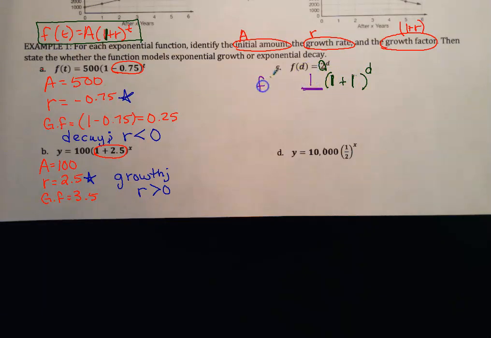So now we're looking at the function d equals 1 times the quantity 1 plus 1 to the power of d. All right, now that we have it written in the right form, our initial value is how much? Good, it's 1. What's our rate? Also 1. Good. What's our growth factor?